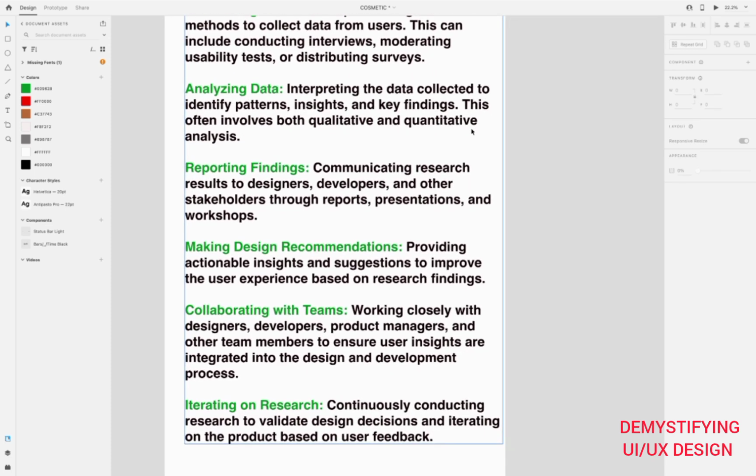Now, iterating on research: continuously conducting research to validate design decisions, and iterating on the product based on the user's feedback. You need to continuously conduct research so that you can really know what they want, do you understand, so that you can validate the design decisions. I think we'll end here for today.